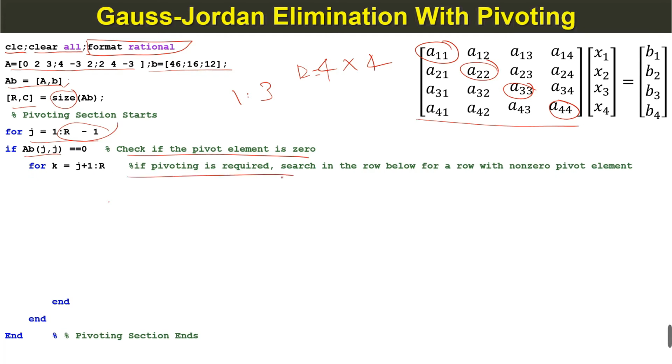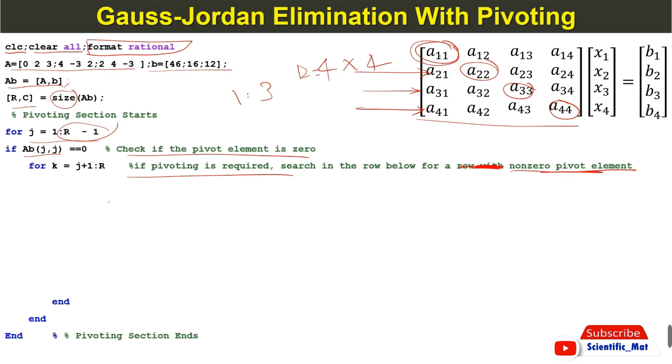If pivoting is required, search in the rows below for a row with a non-zero pivot element. For example, if this one is equal to 0, then we search the row with a non-zero pivot element that is below this one.